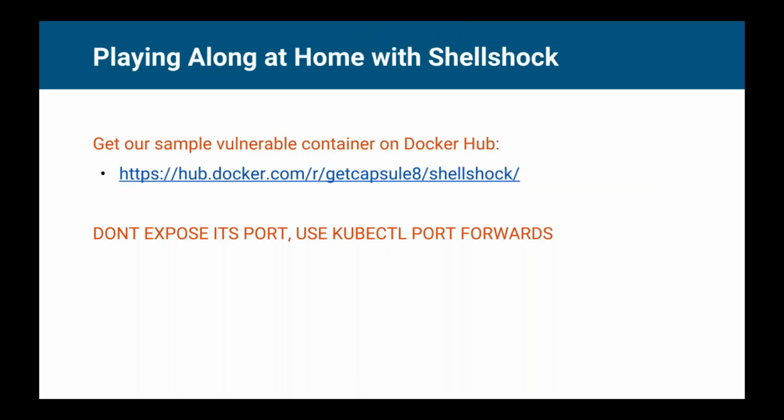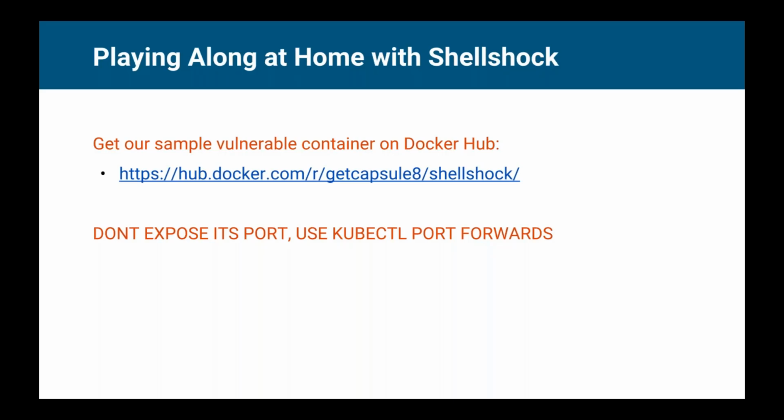So in order to evaluate your own cluster and see what's possible from there, I recommend trying out our Shellshock vulnerable container. You can get that from the Docker Hub and exploit Shellshock on your own Kubernetes cluster. I just have to warn you, don't expose its web port outside of the cluster because it's clearly vulnerable and will give everyone remote access to it.